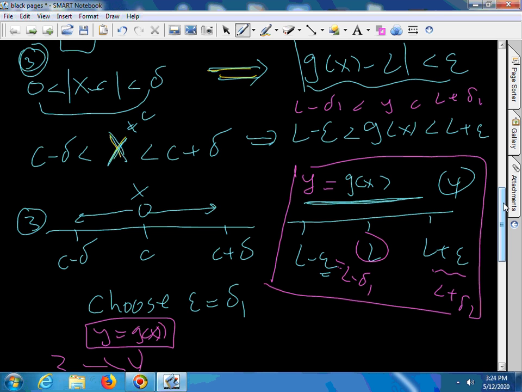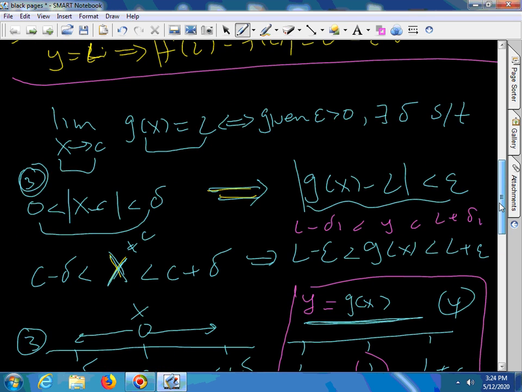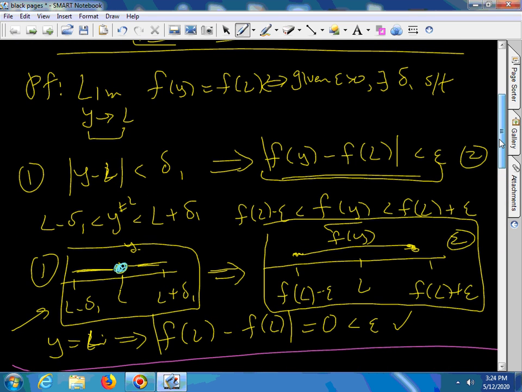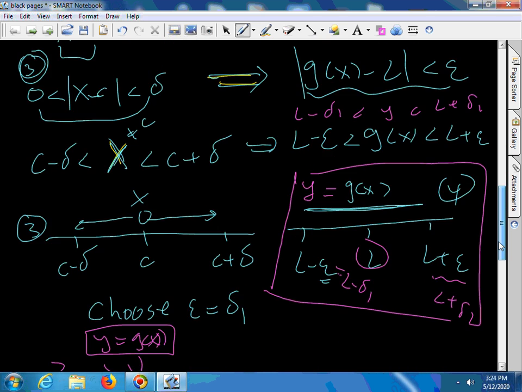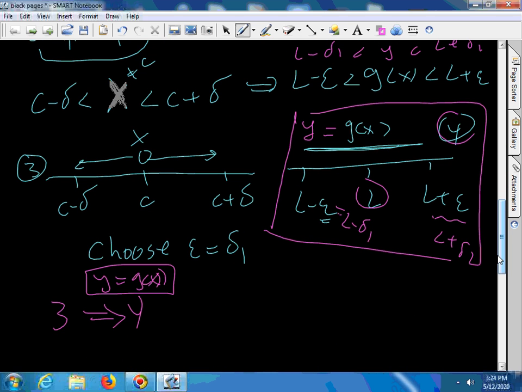Now, that's exactly something that we had before. y is in between L minus delta 1 and L plus delta 1, including L, just like statement number 4 has.